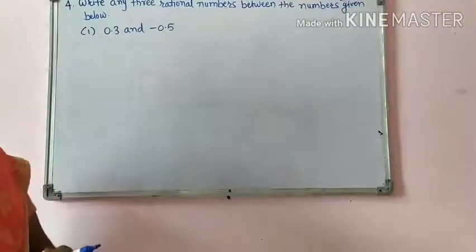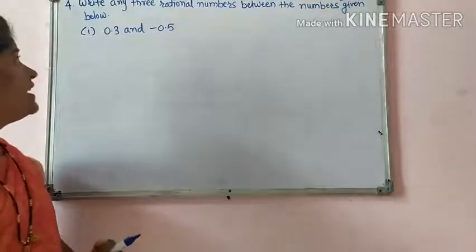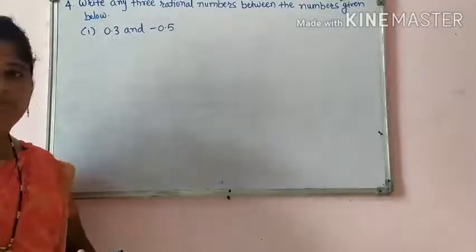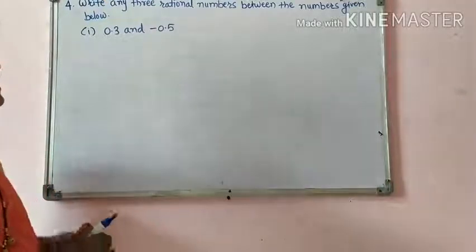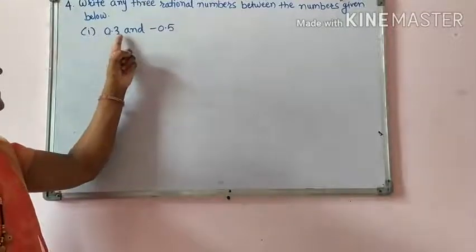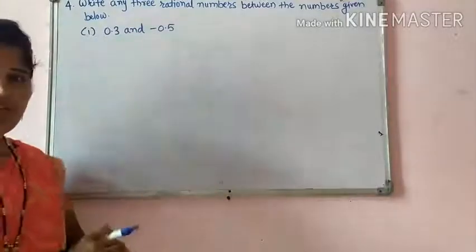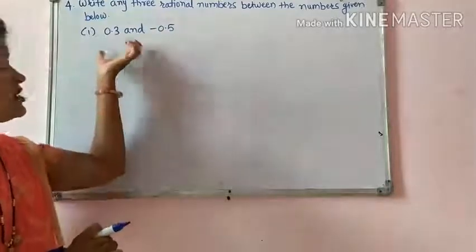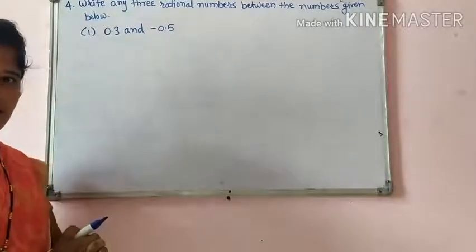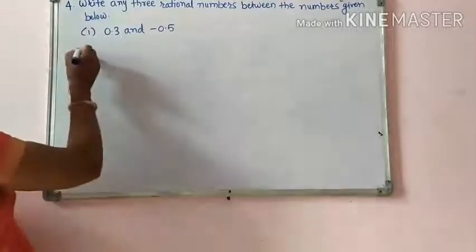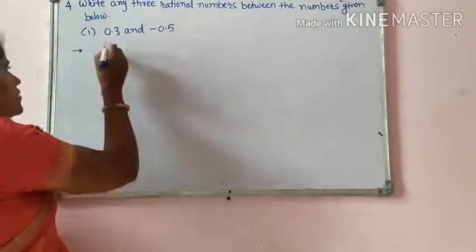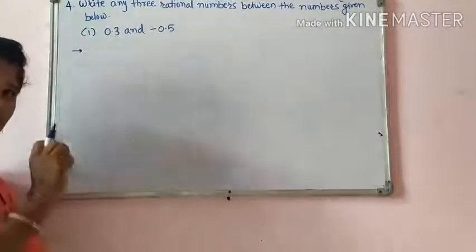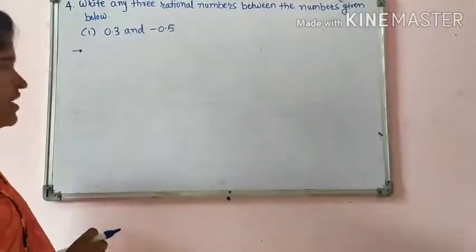Now, the fourth example is write any 3 rational numbers between the numbers given below. So, numbers are 0.3 and minus 0.5. आता आपल्याला ह्या नंबर्स मधले 3 रॅशनल नंबर्स शोधायचे आहेत. त्याच्यासाठी आपण काय करू? सुरुवातीला आपण पहिला रॅशनल नंबर शोधू. त्यासाठी आपण ह्या दोघांची बेरीज करू आणि बेरजेला आपण काय करू? हाफ न डिवाइड करू.